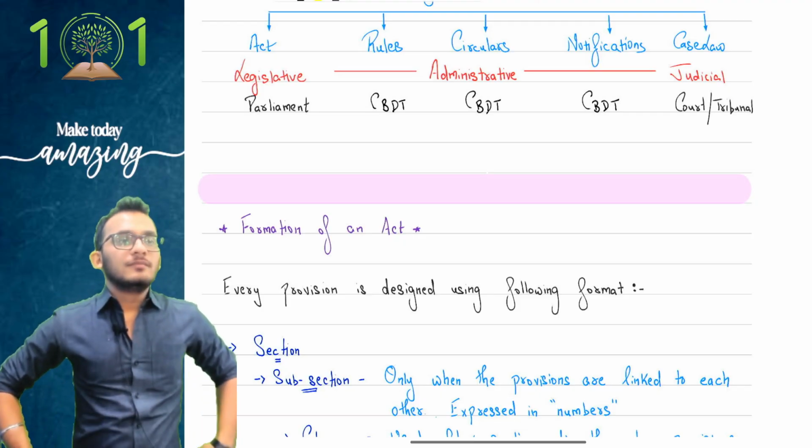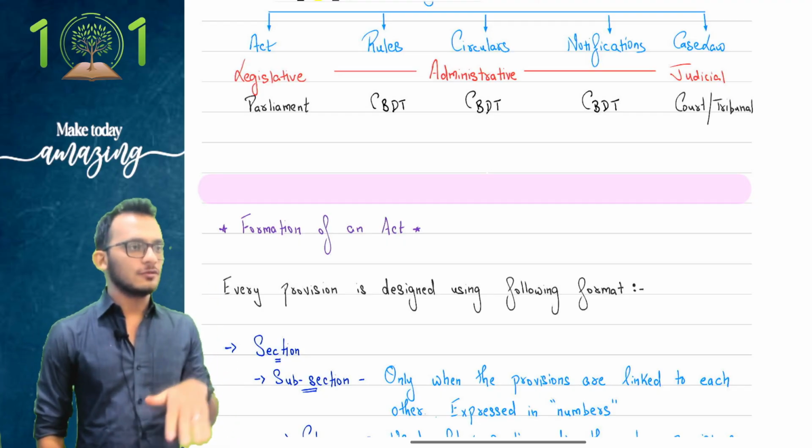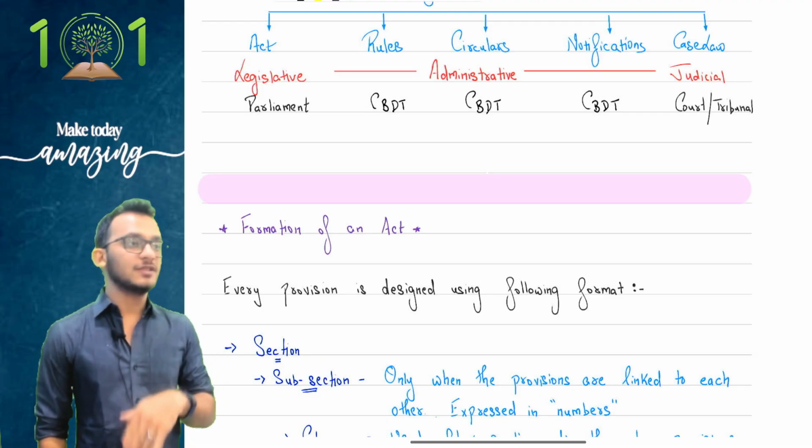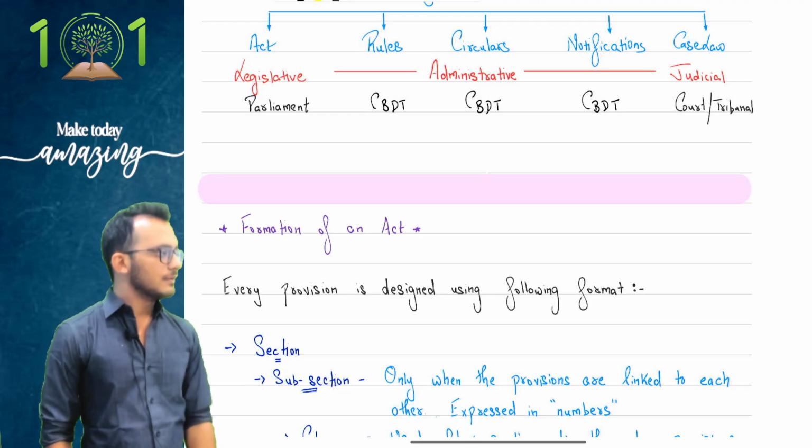People, when do you use clause? You can use it after subsection also. If you have it, you'll use it either after subsection or directly after section, depending on linkage. Yes, depending on linkage.